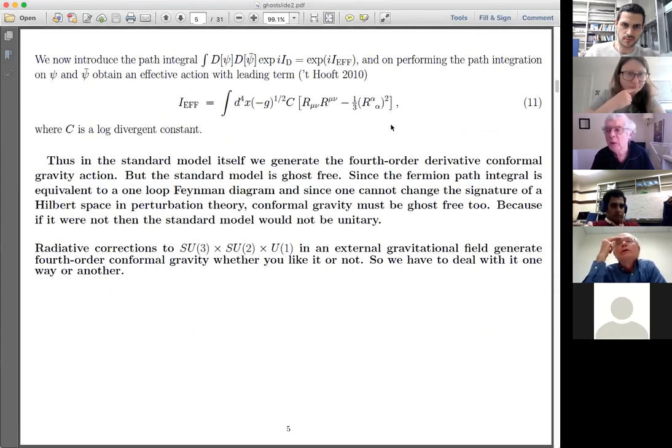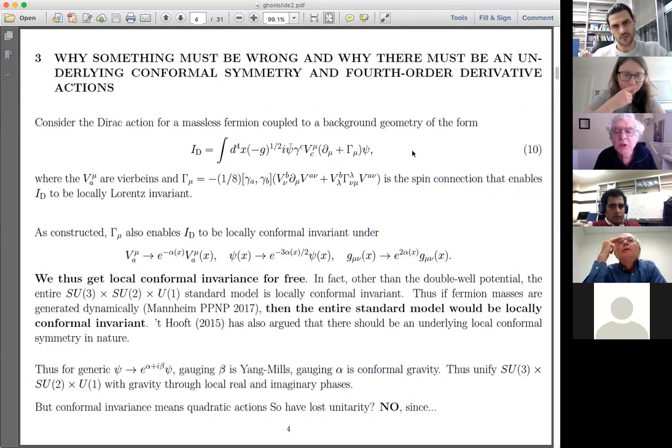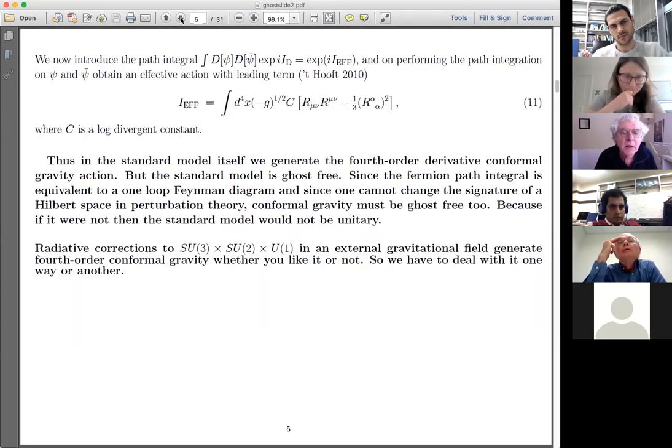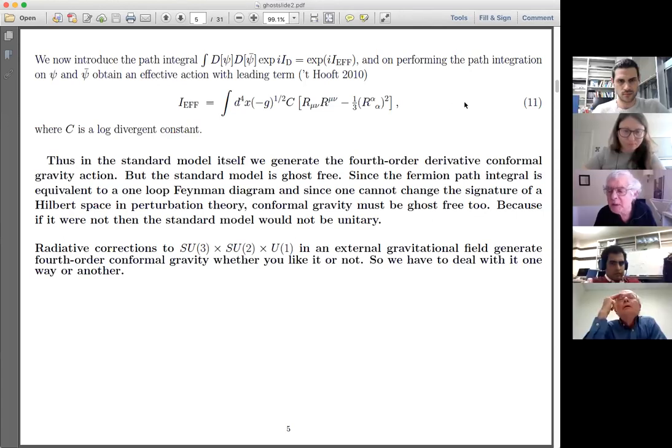I don't understand that. I think what you're thinking about is this: if I had added onto this action sources, J psi bar and J bar psi, then I would have generated a J bar delta propagator J term as well.